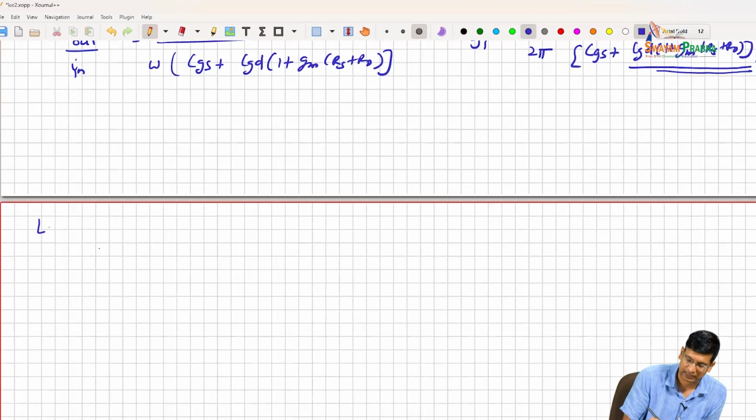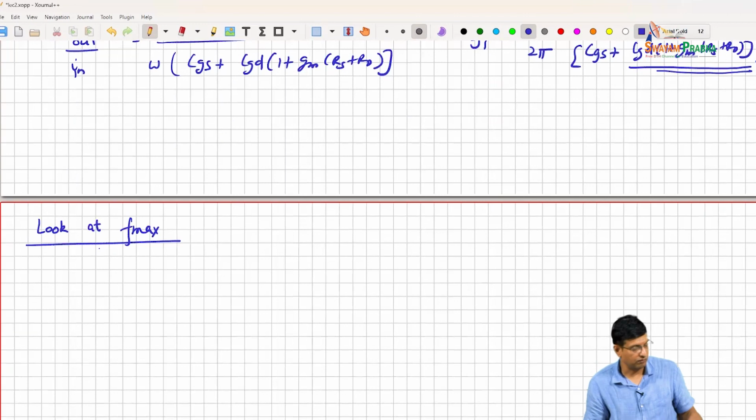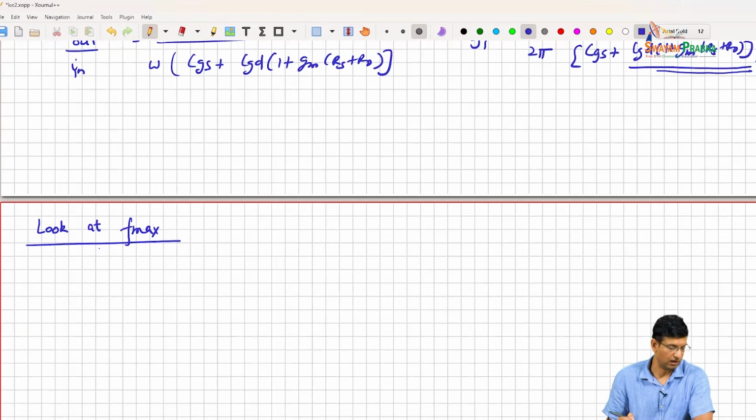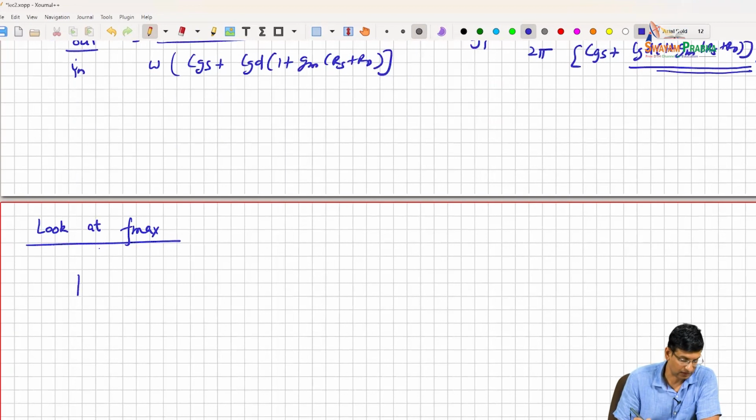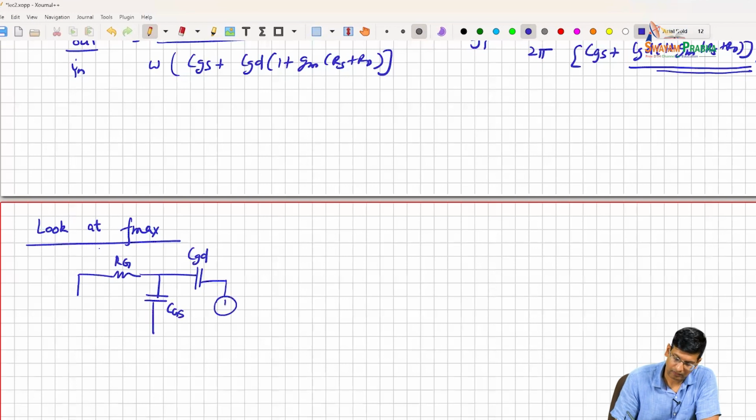So now let's look at Fmax of the transistor. We'll do it the same way initially. So we have RG, and we have CGS, and we have CGD, and GM-VGS, we have RO.